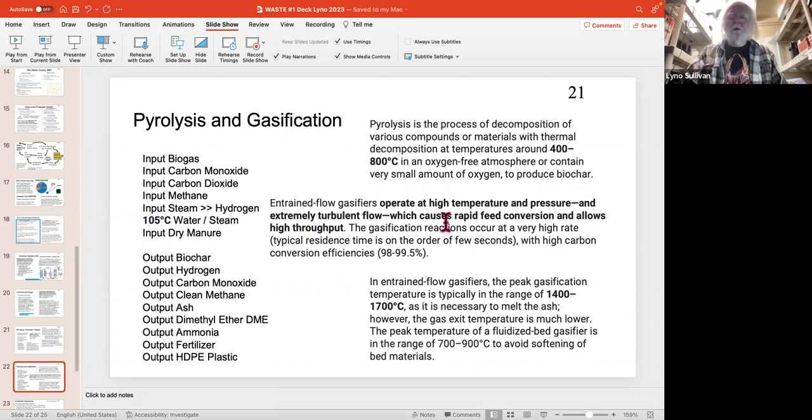So now we're in the 400 to 800 oxygen free, and now we can go up to 1,000 degrees, up to 1,200 degrees, and we can increase the throughput, and we can produce high carbon conversion efficiencies up to 98, 99%. What that means is we've fully gasified the material, and now along the way, we can produce graphene.